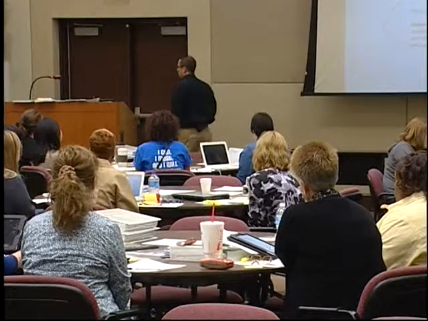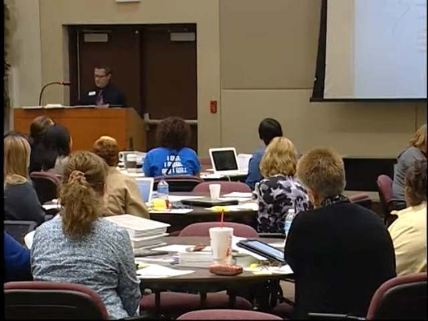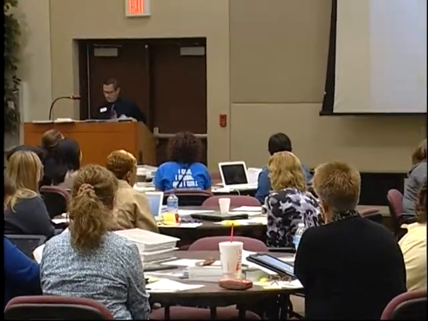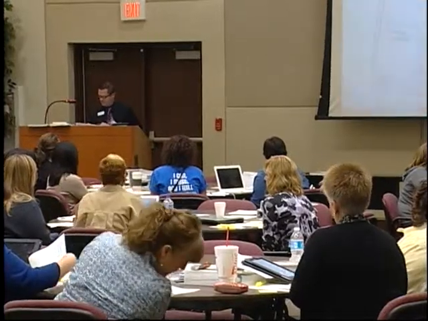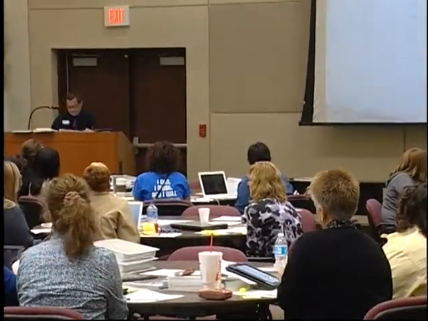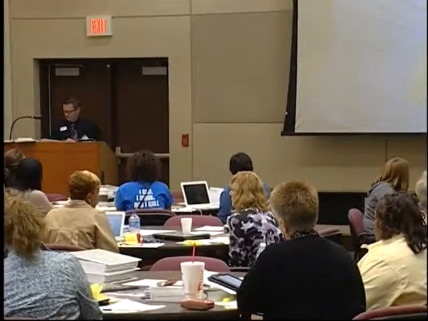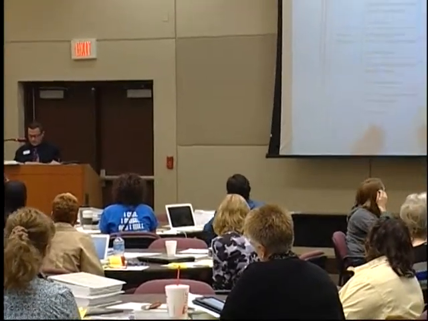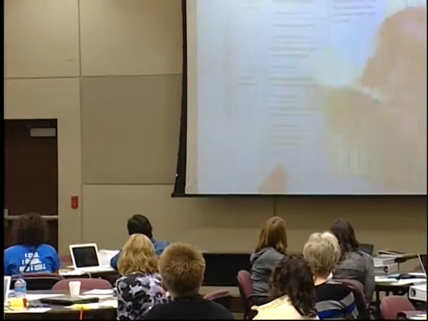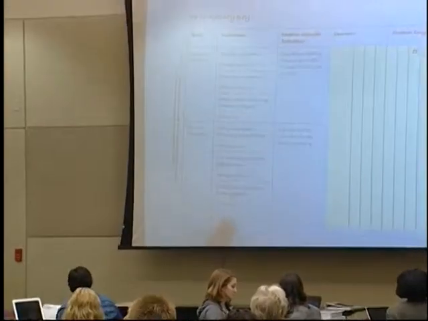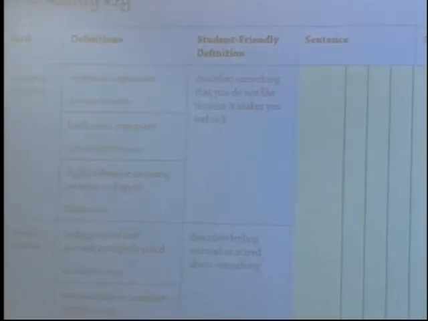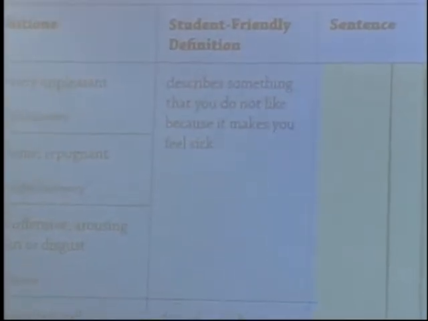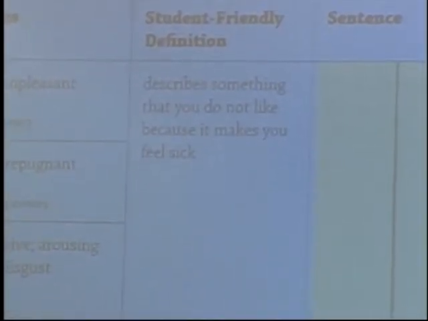Let's look at how we did this on my, oh, where did it go? Here it is. So for disgusting, describe something that you do not like because it makes you sick. For nervous, describes feeling worried or scared about something.